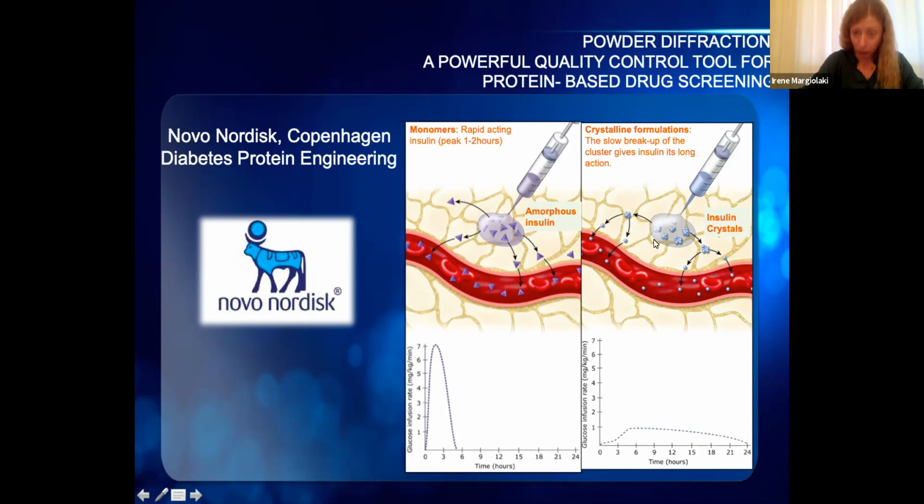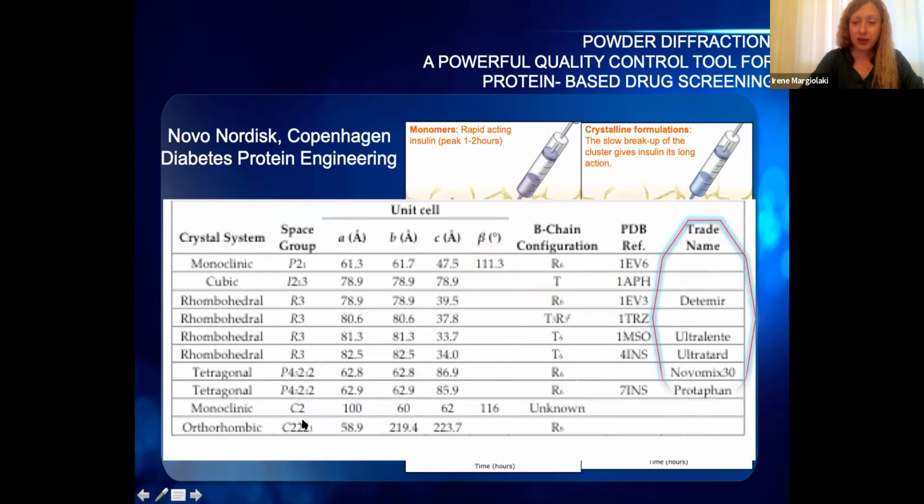But lots of drugs out in the market are crystalline. And these drugs have a not so quick action, but have a better, a long action. So the patient does not need to be injected too many times per day. So these are some of the drugs currently out in the market.